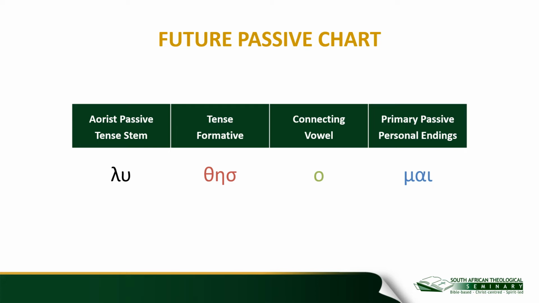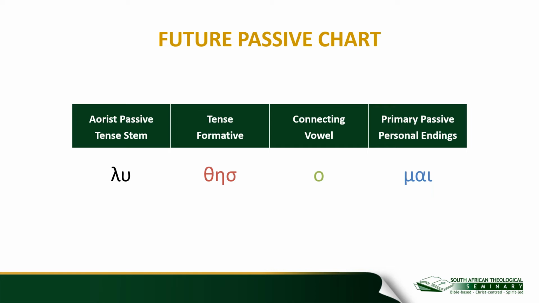We then add the future passive tense formative thēse. It consists, as it happens, of the aorist passive tense formative thē plus the ordinary future tense formative sigma. They've combined to give us thēse, which is the future passive tense formative. It is also the key diagnostic for the future passive.